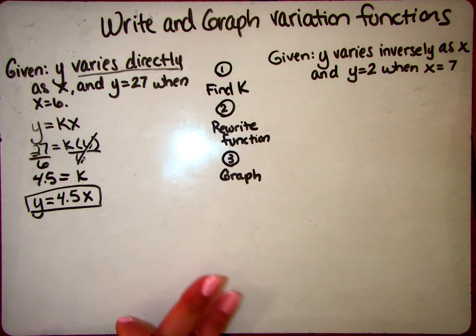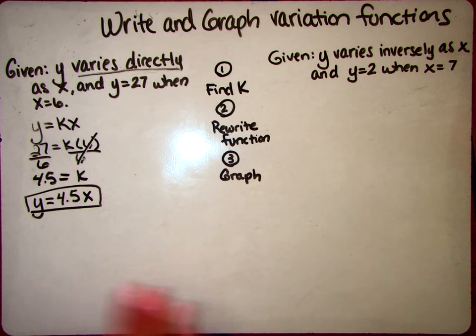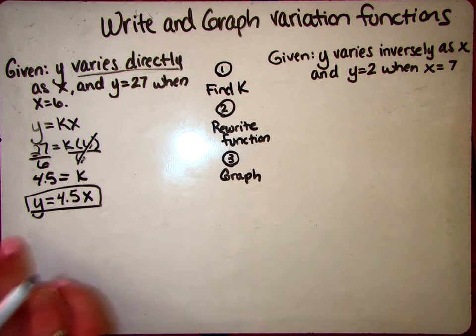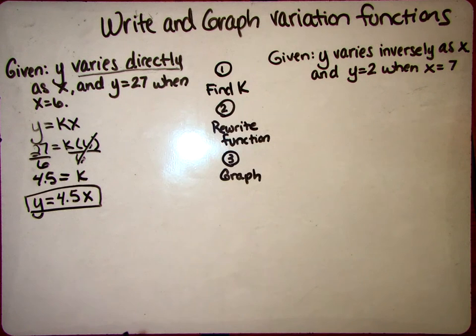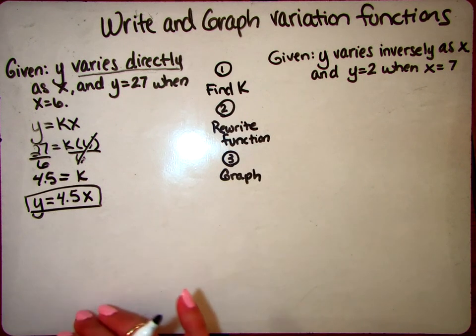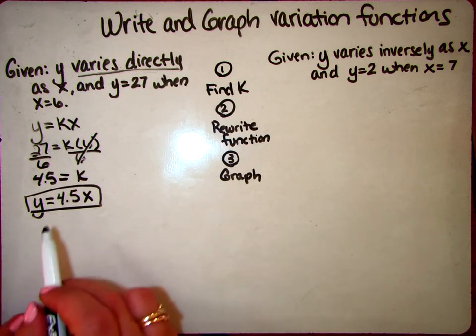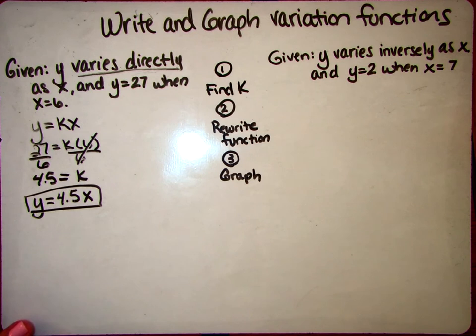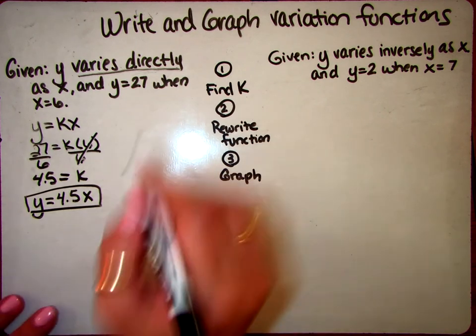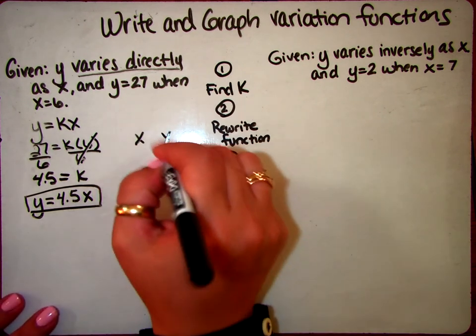So now I'm able to answer any question you may have. What happens when x is 10? Or what happens when y is 20? I can answer any question now because I know that the 4.5 is the rate of change and it won't change.